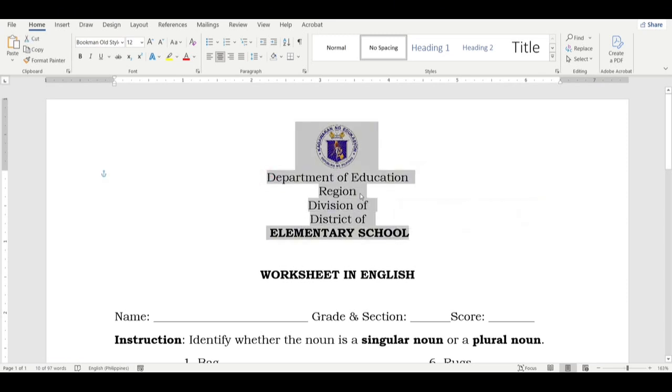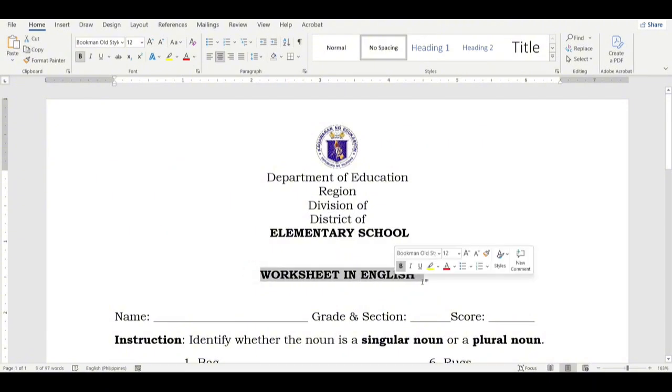Well, it depends upon you what you are going to place in your heading. And then the title, worksheet in English, or you can also place there the lesson you had discussed with the learners. But what's mine there is worksheet in English.